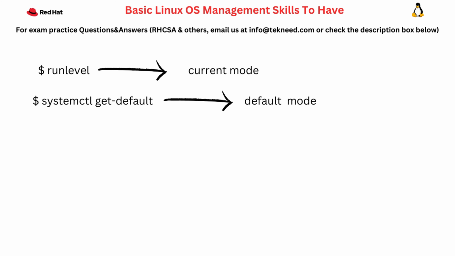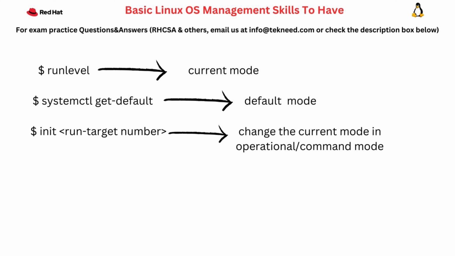And to change the current run target in operational mode, meaning that when the system is up and running, so if you want to change the current run target to a different one, you can use the command init followed by the run level number. And if you don't want to use init followed by the run level number, you can use the command systemctl isolate followed by the run level name.